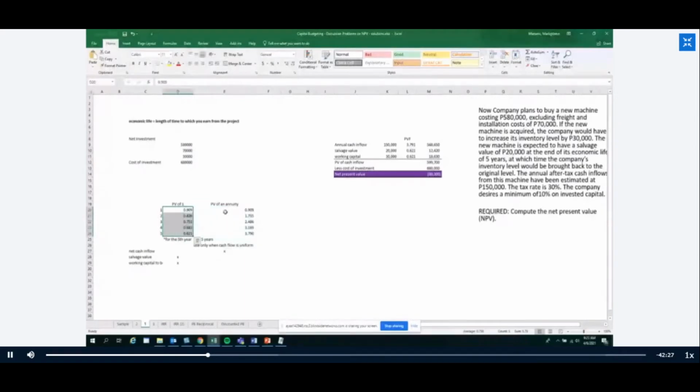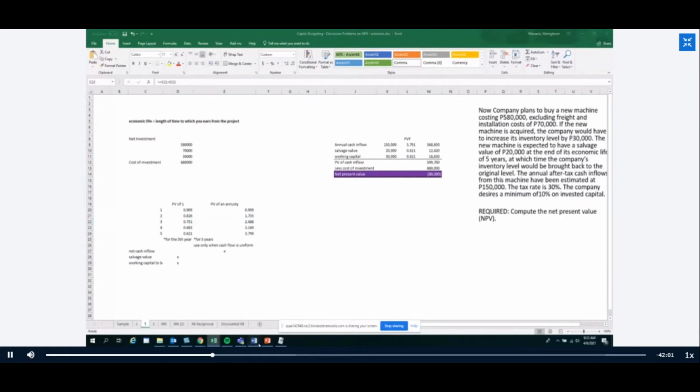Then kanina sinabi ko naman, 'di ba, yung present value of an annuity of 1 is just the accumulated, no? So of course, period 1 is the same, and then ina-add lang natin yung values, no? So in that case, 0.909 plus 0.826, 1.735, plus 0.751, so you get 2.486.